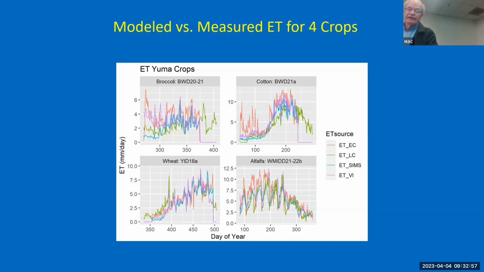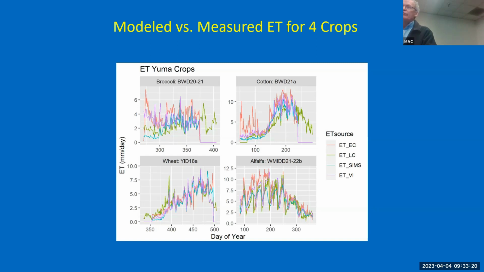And there's a lot of data here, but the impression I want to give you is that those models are exactly that. They're not real world, they're our best estimates, and they fail sometimes, particularly in early season when the crop is sparse and you get a lot of open soil evaporation.